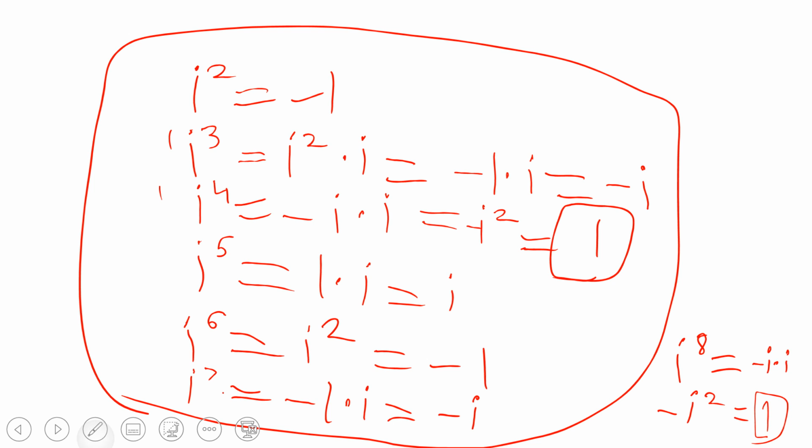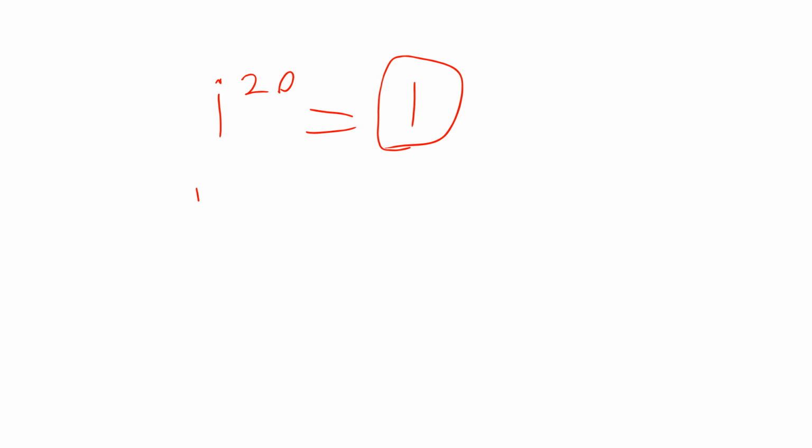So I'm going to give an example. When we have i raised to any multiple of 4, let's say 20, it's always going to be 1. So i raised to a multiple of 4 is always 1.